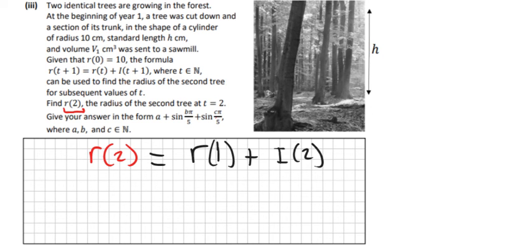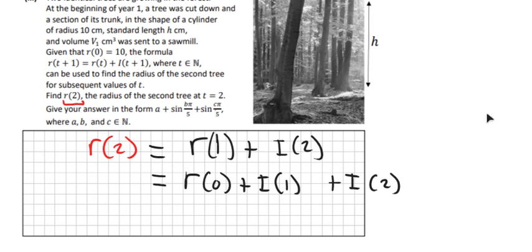So R1 will be R0, what it is at the very start before any years happen, plus the increase in year 1, and then we still have to add on the increase in year 2.